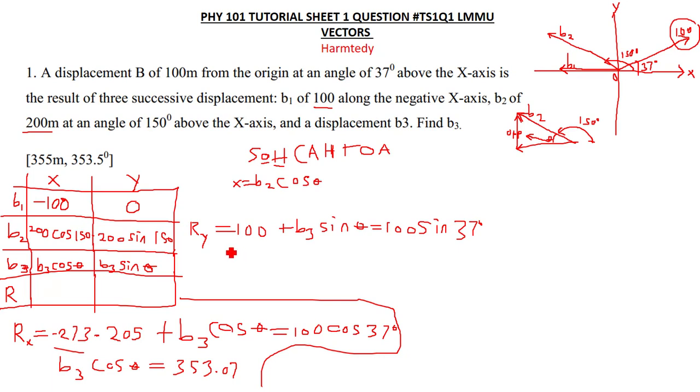Then when you make b3 sine theta the subject, you get something like b3 sine theta, and this will give you negative 39.818.